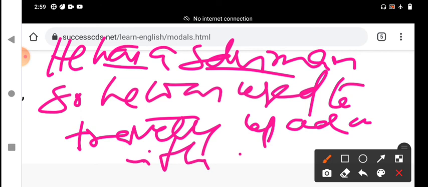He traveled more and more for the purpose of his job as a salesman. That is the meaning of used to. Be form means am, is, are, was, were plus used to, to construct the sentence in present, past and future tense.